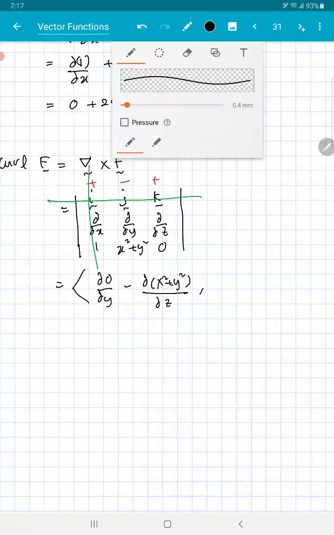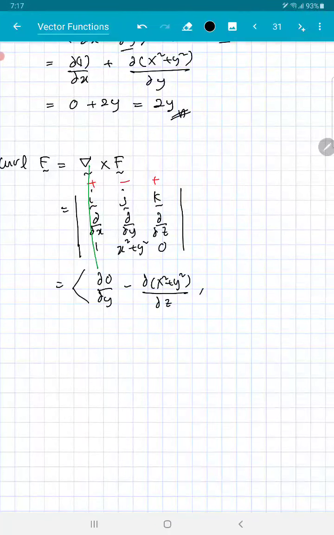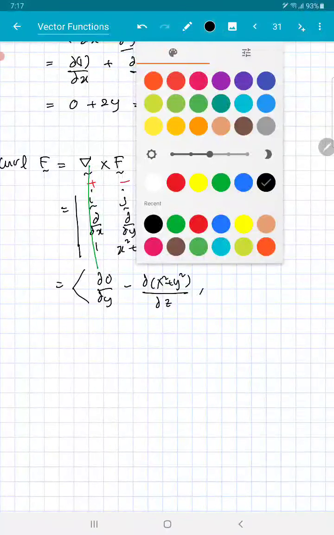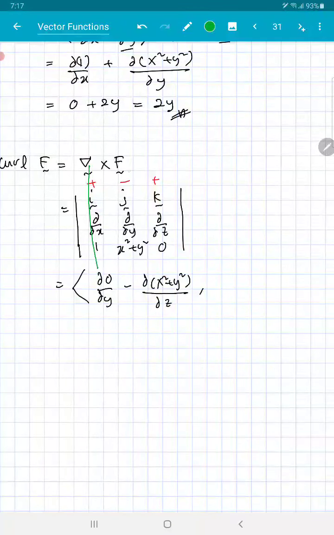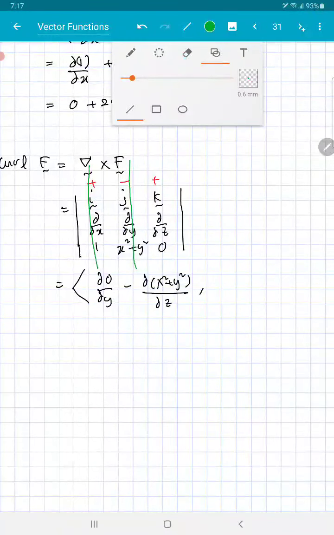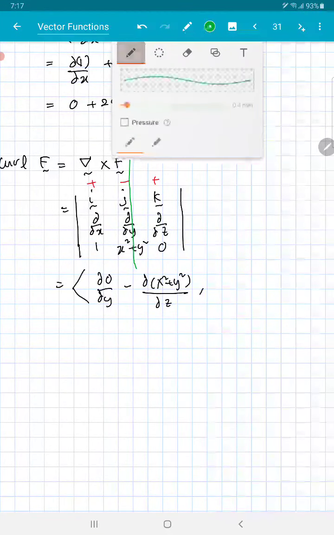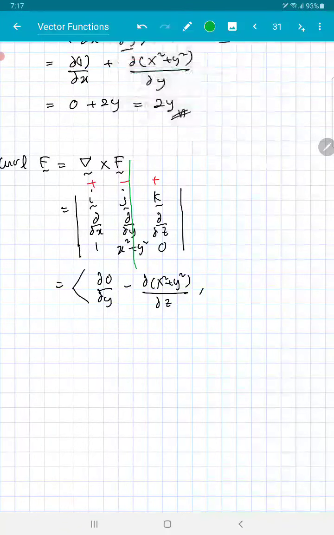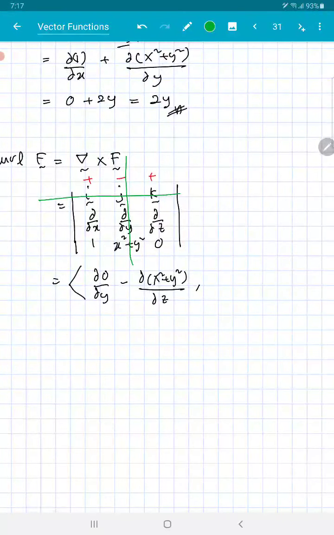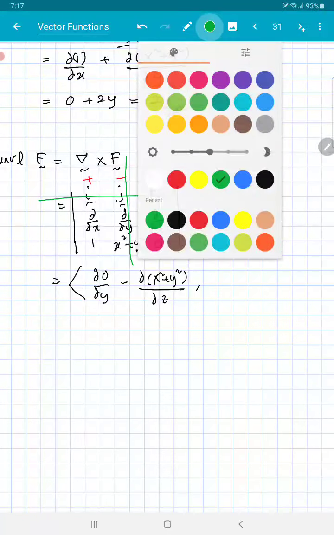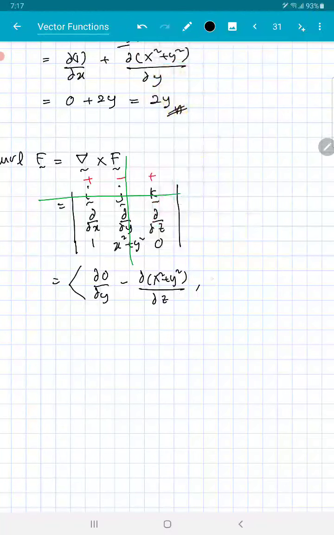Now for the y component, you cross out the first row, second column, that's for y. And remember the sign alternates to negative now.